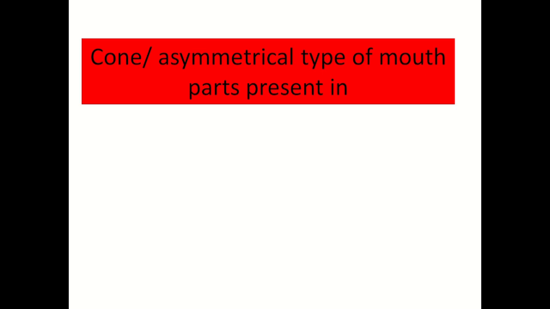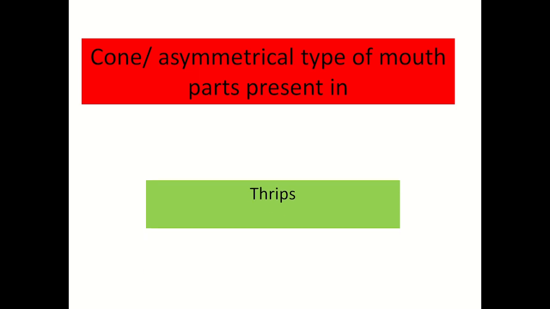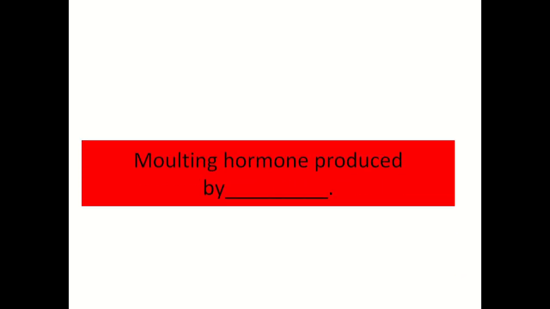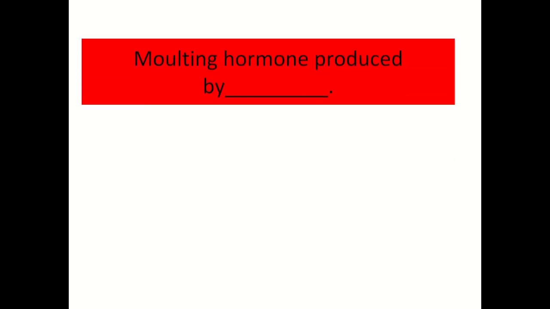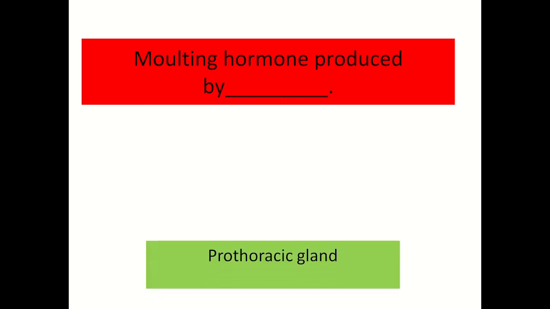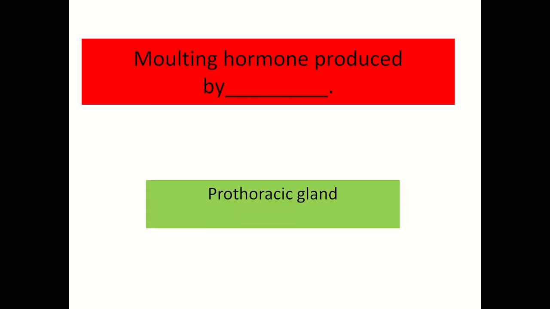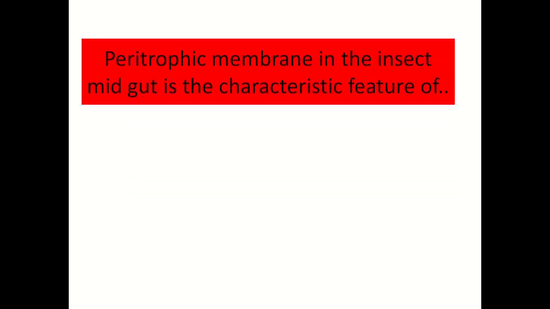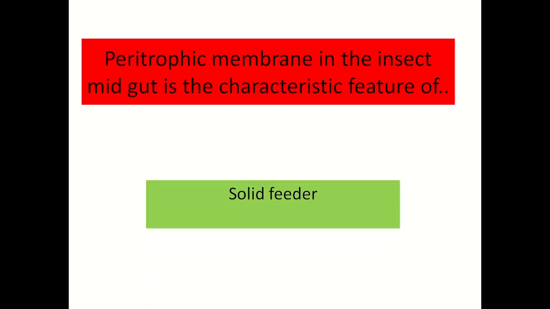Cone or asymmetrical type of mouthparts present in thrips. Molting hormone is produced by the prothoracic gland. Peritrophic membrane in the insect midgut is a characteristic feature of solid feeding insects.